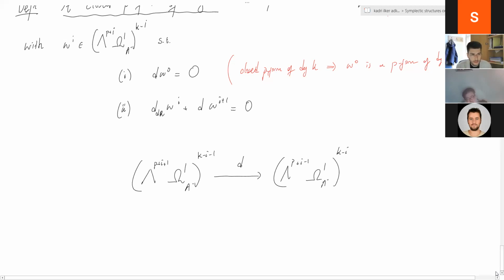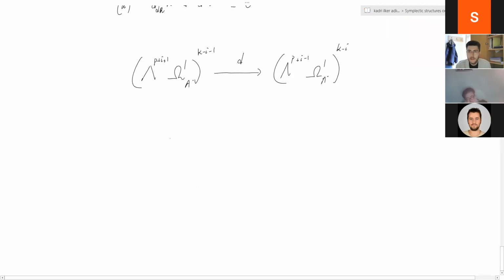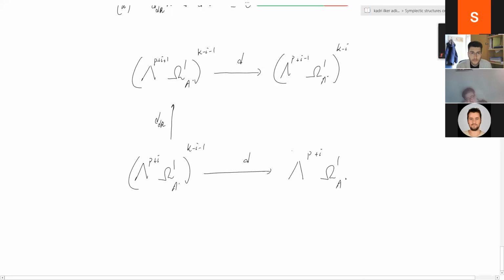And we have this de Rham differential. It means that we have p plus i, A dot, p plus i, k minus i, and the story goes like this.